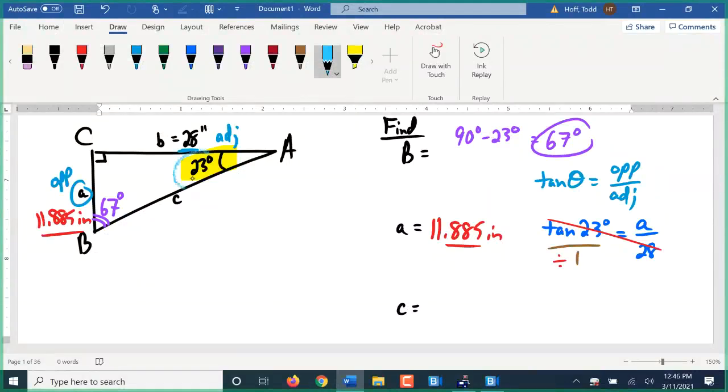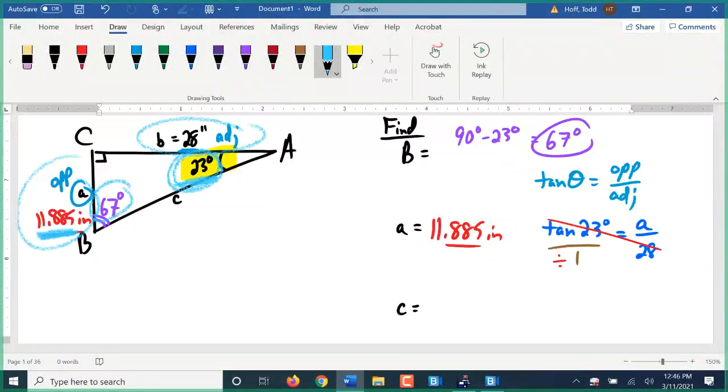If this angle here had been 45 degrees, we would expect these two sides to be equal. Since it is considerably less than 45 degrees, we would expect this opposite side to be smaller. Or we could also look at the idea that this is 67 degrees and 23 degrees.